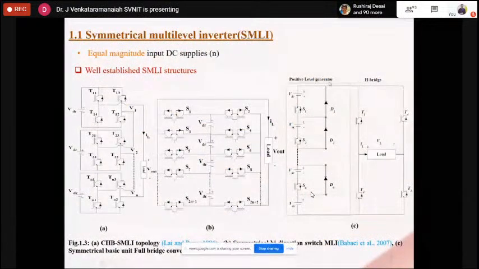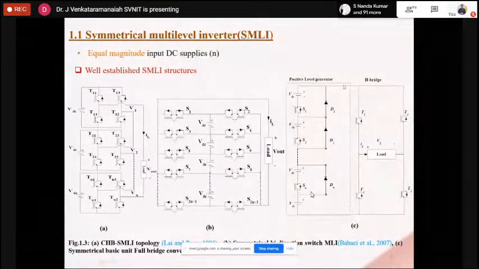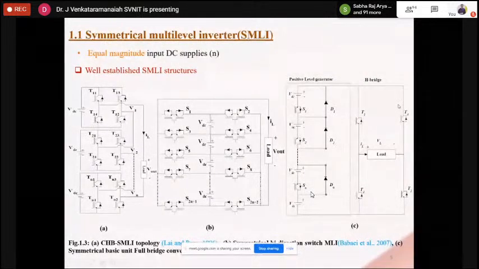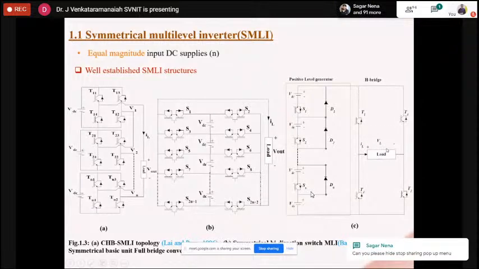With respect to this point, you can generate only positive polarity levels, and this H bridge helps to flip the output voltage to the negative side also. At the end, you can get a sinusoidal waveform at the load.